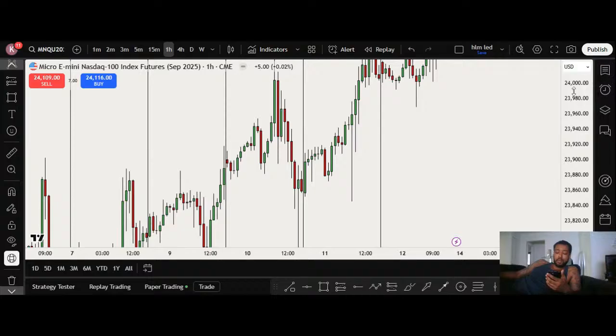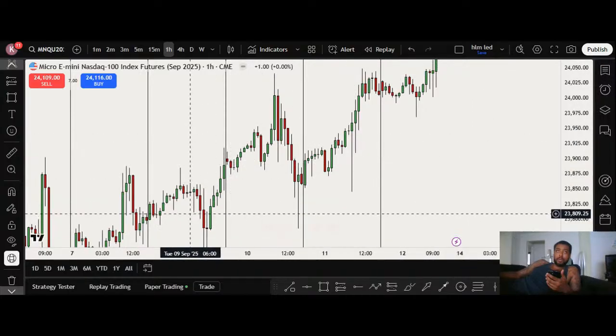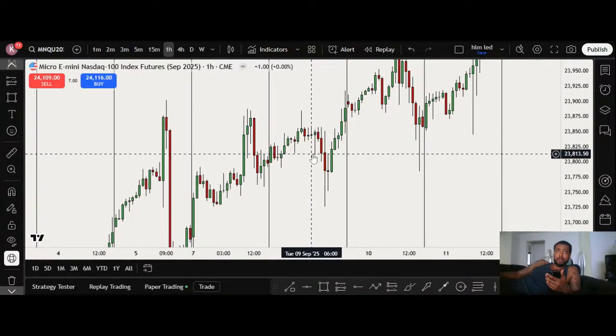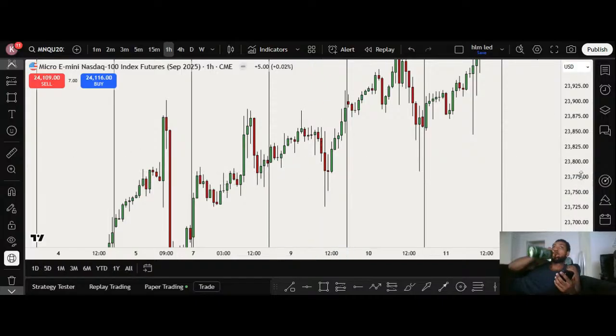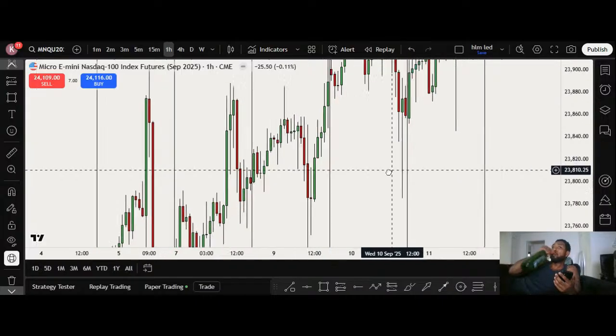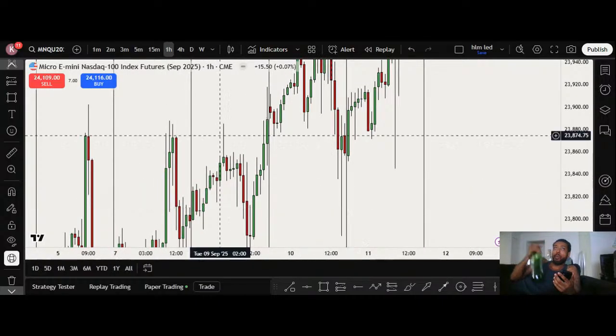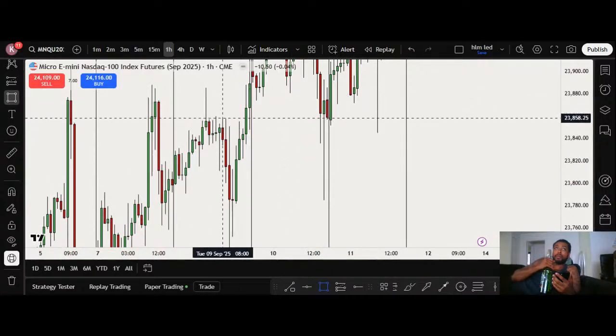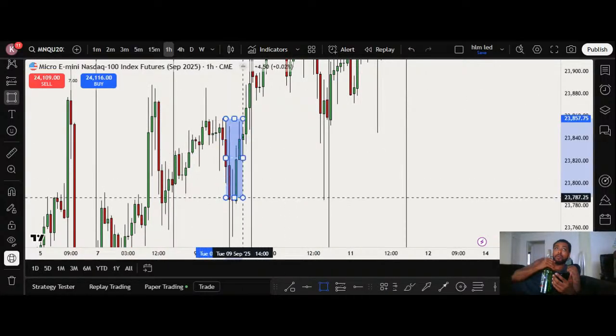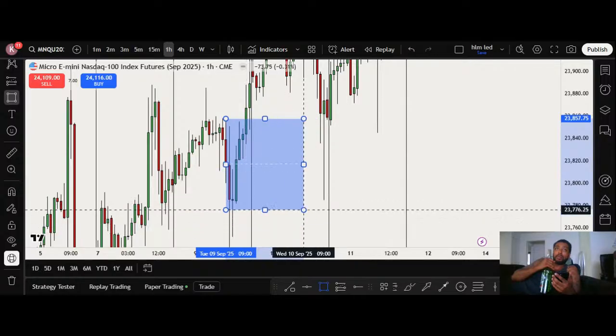Write down consequent encroachment in your notes, because mean threshold is the middle. Let's say it would be the middle of an order block, right? So let's say you drew out this whole order block right here, from the wick to this opening. Well, you have to draw it literally.